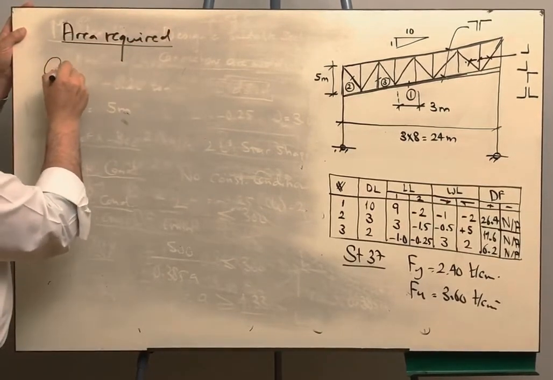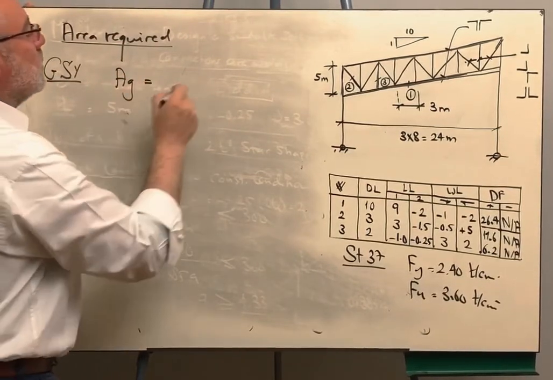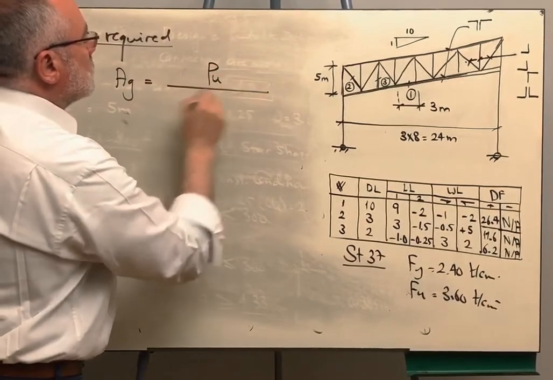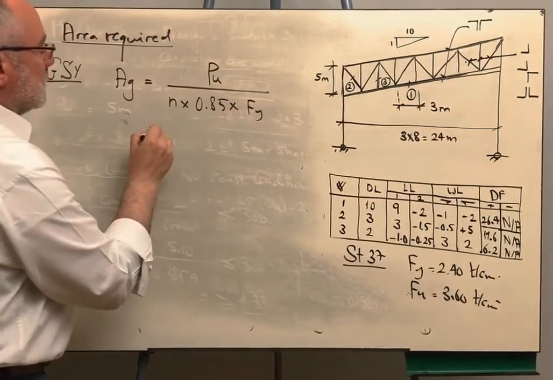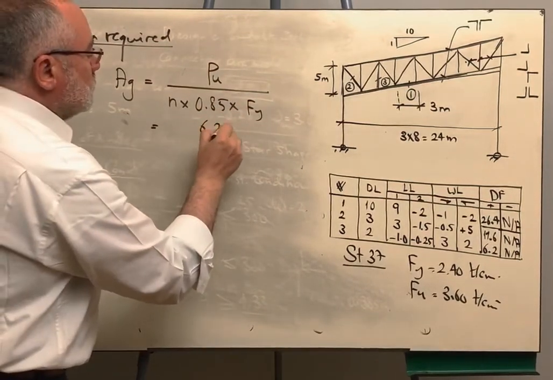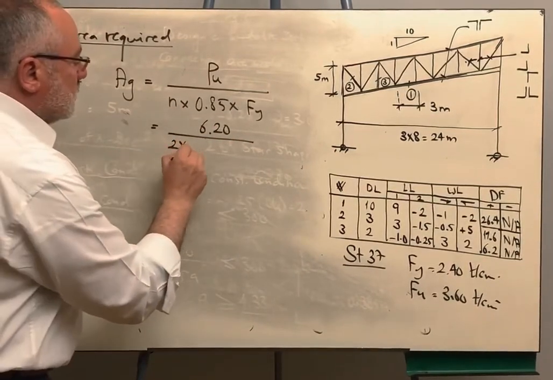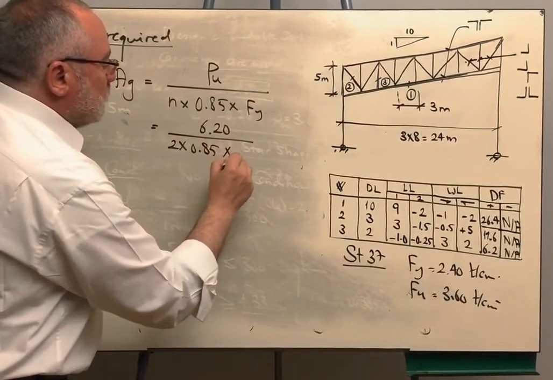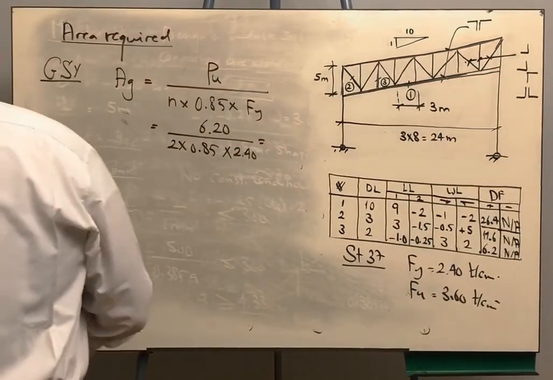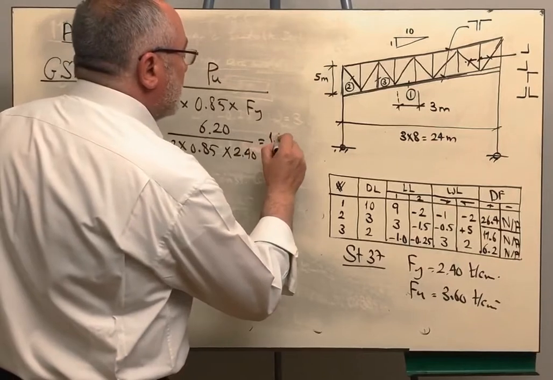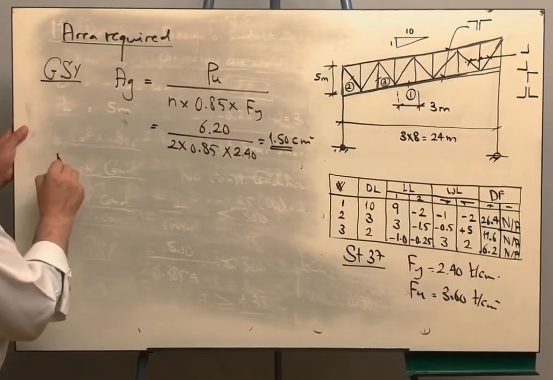For the gross section yielding, we say that the area of one angle will be equal to the design force over N times phi, which is 0.85 times F yield. So we are having here, this is 6.2 over N, which is the number of angles in the cross section. We are having 2 angles. The strength reduction factor is 0.85 and F yield is 2.4. From there we get the area is 1.5 centimeter square.